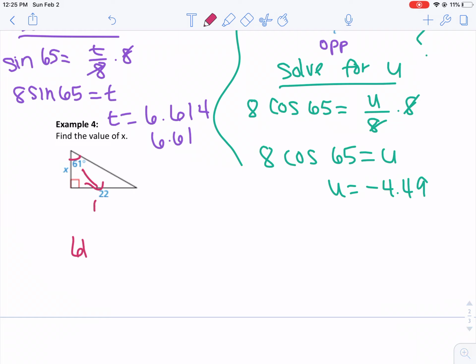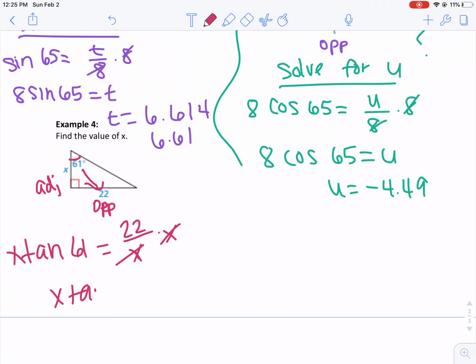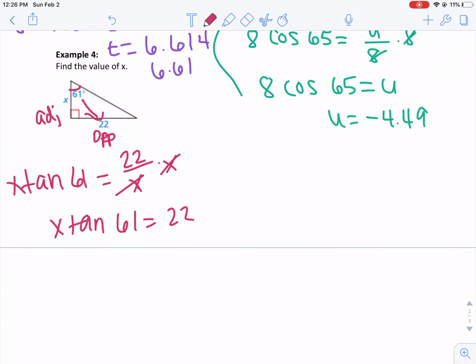So if I come from 61, the opposite side would be this 22, and the adjacent side would be x. So if I'm using opposite and adjacent, that must mean I have to use tangent. So tangent of 61 is the opposite side over the adjacent. Multiply both sides by x, so you get x tan of 61 equals 22. x is still not by itself, so we're going to have to divide both sides by tangent of 61.